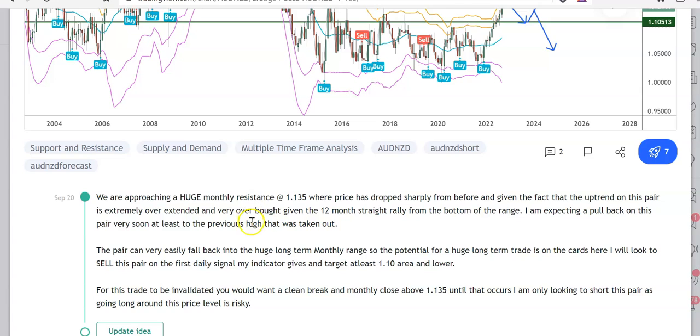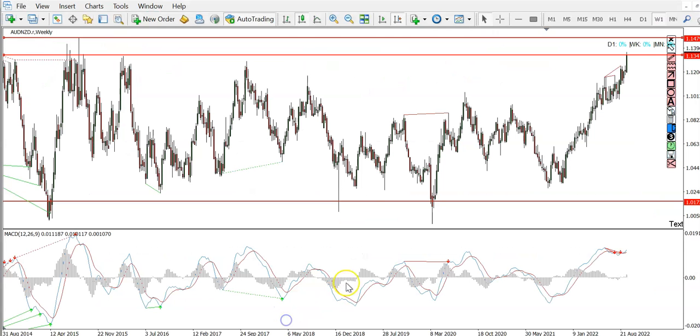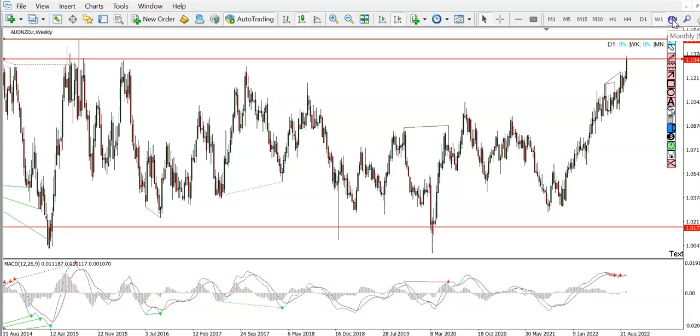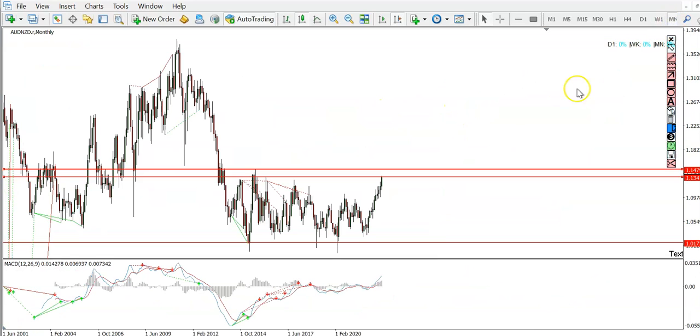Okay, so it is a sell setup on the Aussie Kiwi. If you've been following this pair for quite some time, we are now at a huge monthly and weekly level. If we zoom out to the monthly charts here on the MT4, see, the last time it was at this level, it sold off pretty more or less twice at this level we are at now inside this box here.